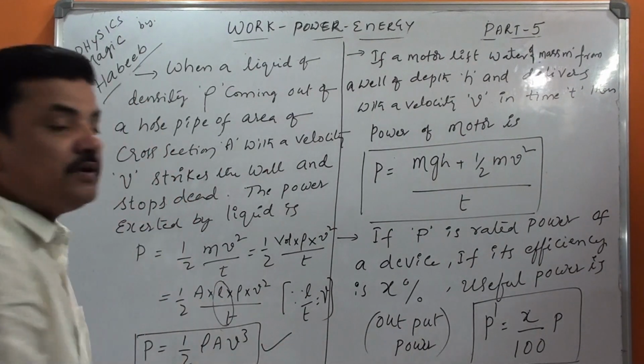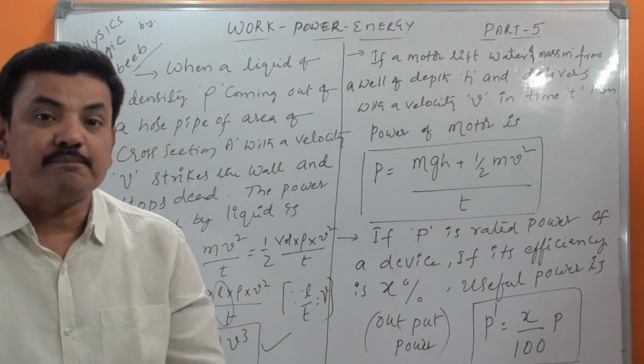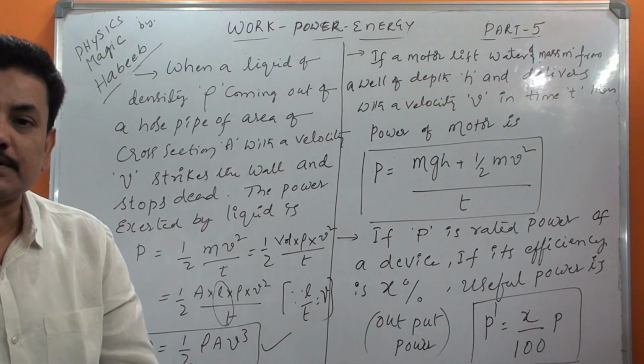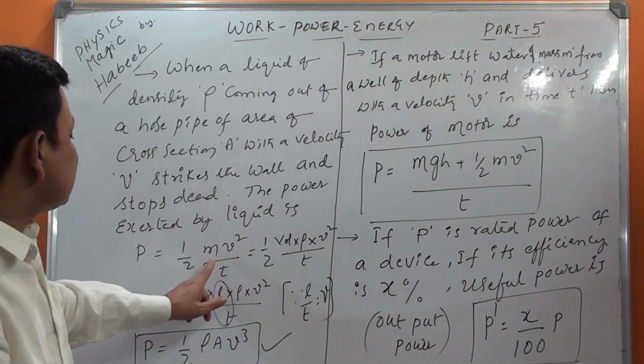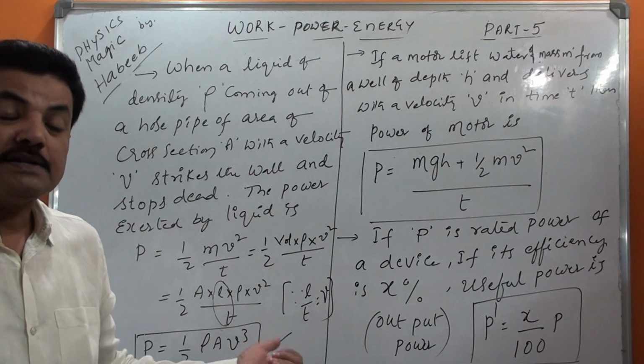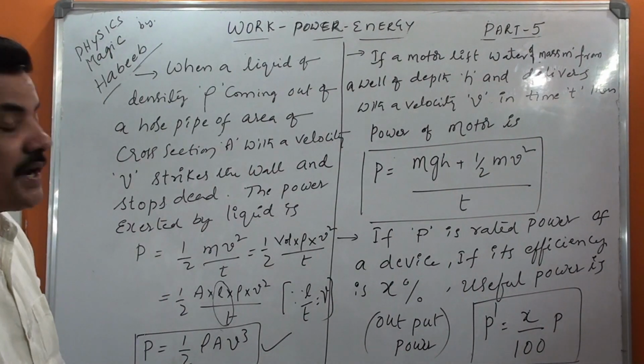This is the power exerted by the liquid. This is another very important application. All the data will be given and you will be asked this question. This mass by time is nothing but the mass flow rate, and questions will be asked based on this also. We will see it in the next applications.